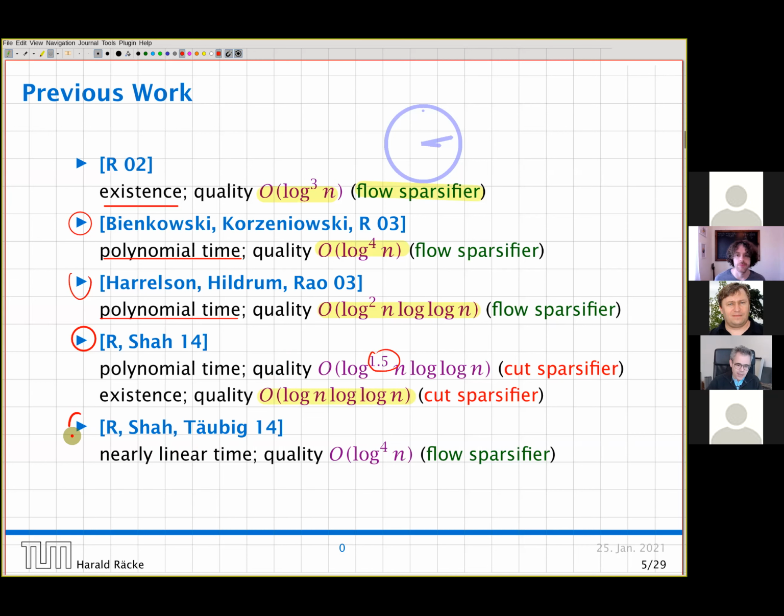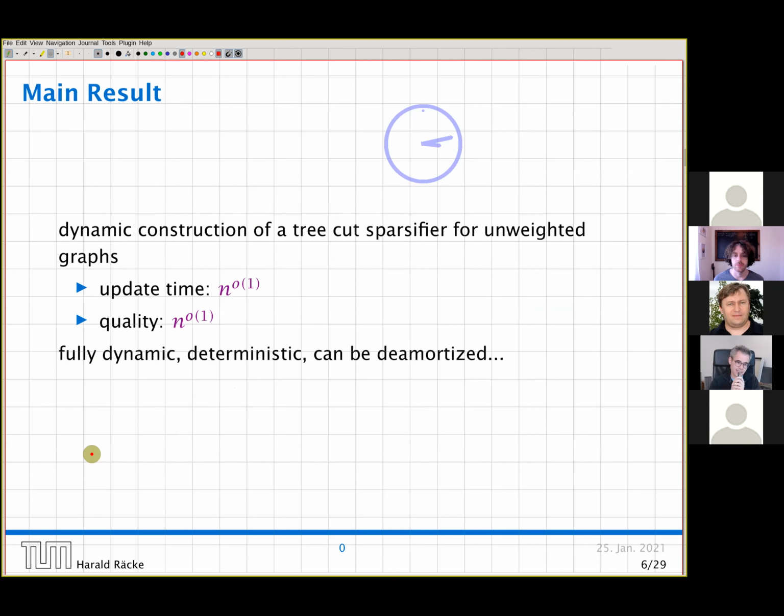And in this paper, we showed that we can actually compute such a cut sparsifier fairly efficiently. We can compute it in nearly linear time. So we have fast constructions for these cut sparsifiers. Now, what is the topic in this paper? In this paper, the main result is a dynamic construction of such a tree cut sparsifier. So what we do is we make this whole thing dynamic.